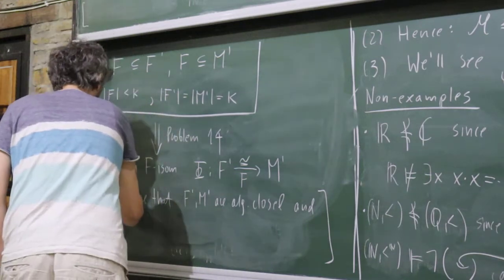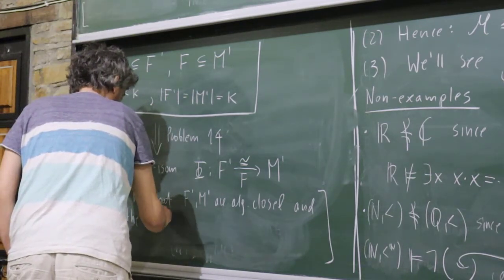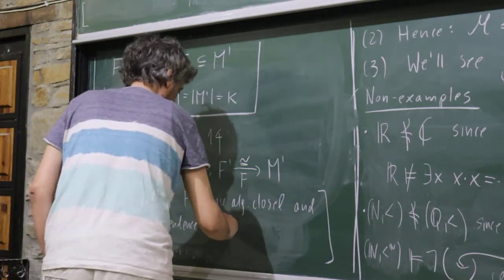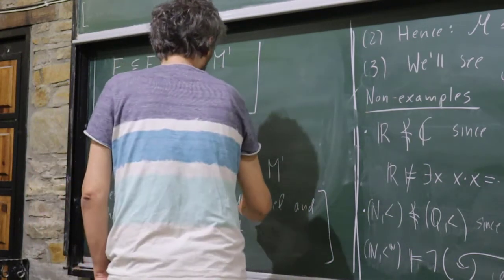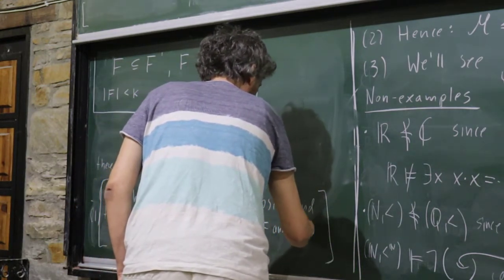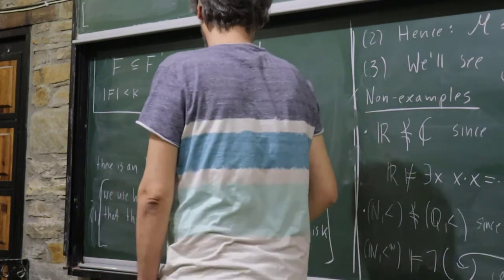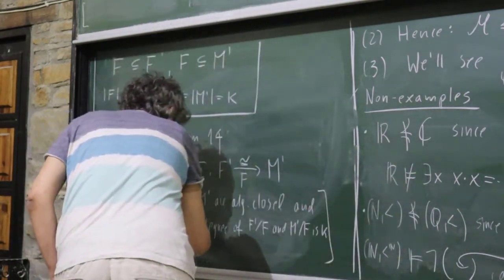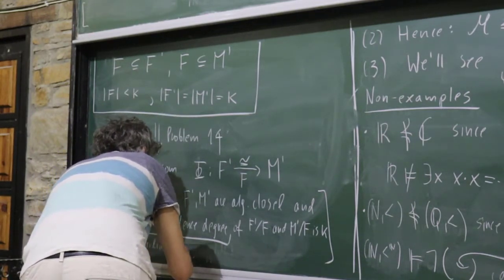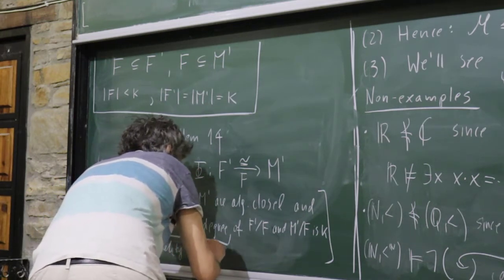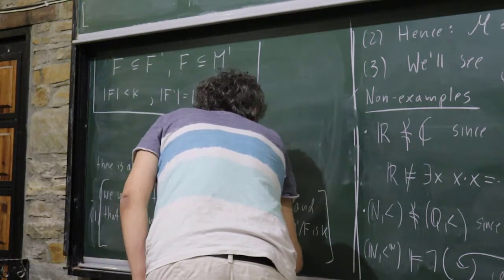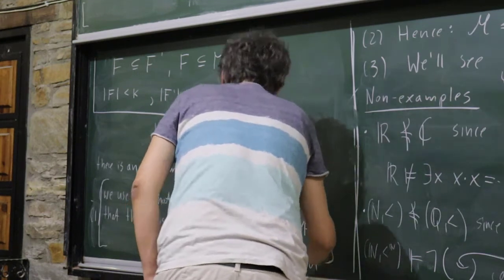And that's the transcendence degree, which must be kappa in this case, and transcendence degree is the cardinality of a maximal algebraically independent over F subset.